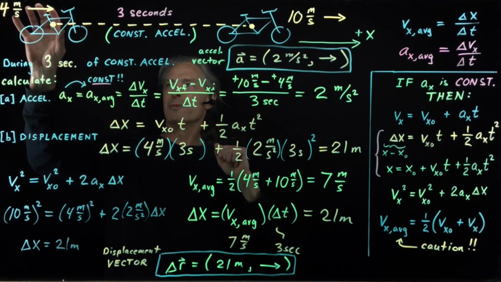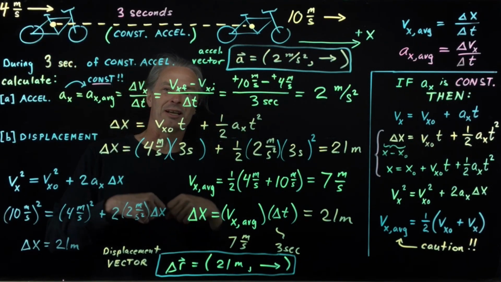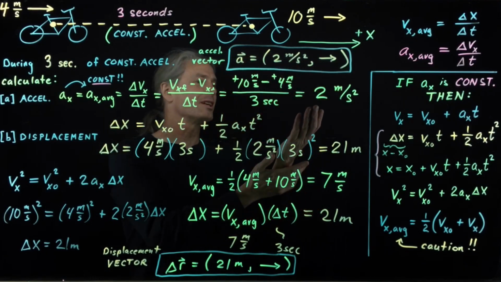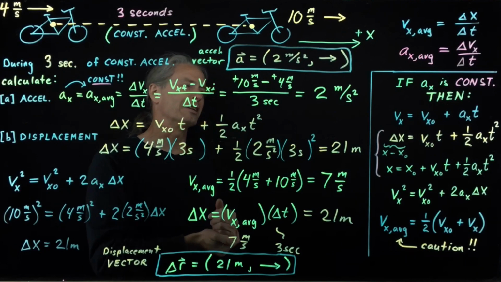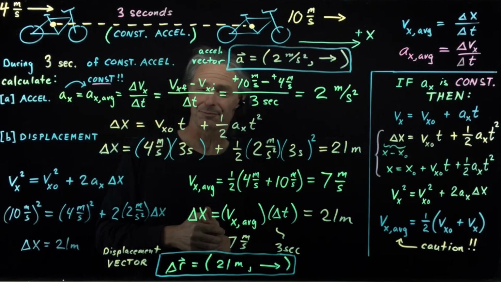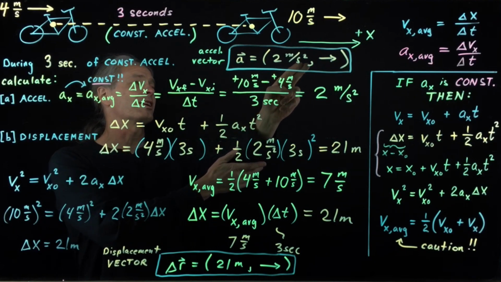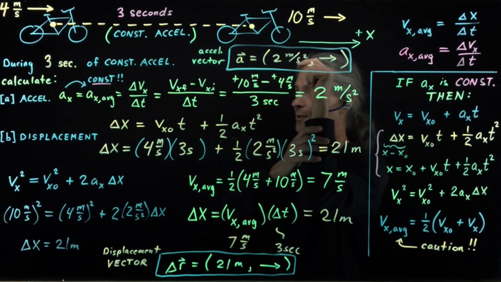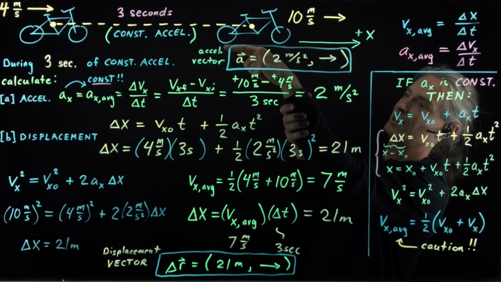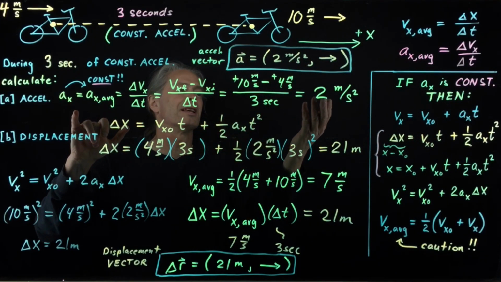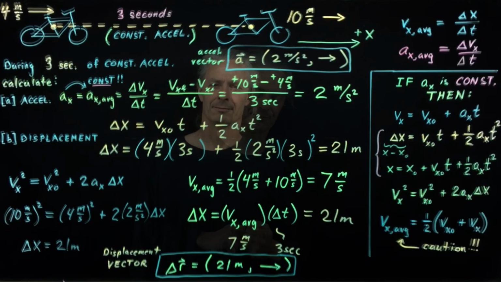So the 4 meters per second and the 10 meters per second would have gone into our equations as negative numbers. Also, the acceleration we would have calculated would have come out negative. The acceleration vector is 2 meters per second squared to the right. But if left was the positive x direction, then in terms of an acceleration component, that would have come out negative.